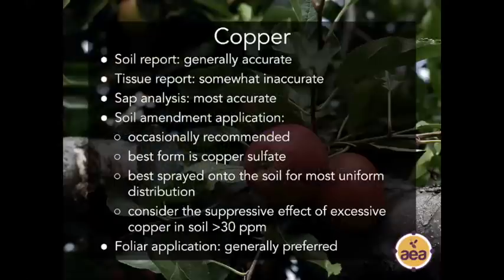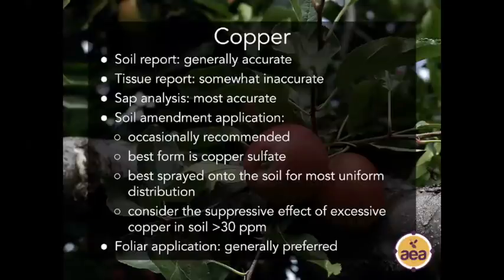When we look at copper, we find that the tissue analysis often doesn't actually correlate. It's somewhat inaccurate. Sap analysis is the most accurate. For those of you who listen to these webinars and listen to me a lot, you know that we are big advocates of sap analysis because of its accuracy in these regards. We very seldom, but occasionally, recommend soil applications of copper in the form of copper sulfate.